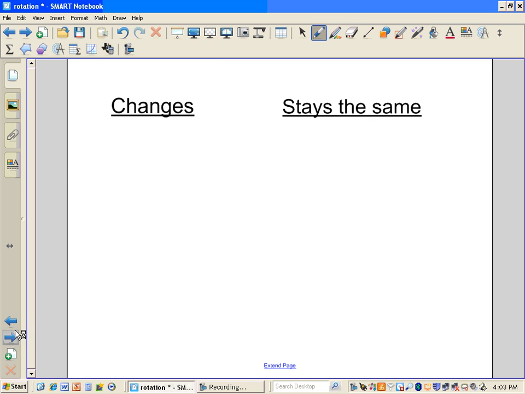So what does this mean in terms of the shapes? Well, it means that obviously the coordinates change, which means the position changes. And then the slopes change.